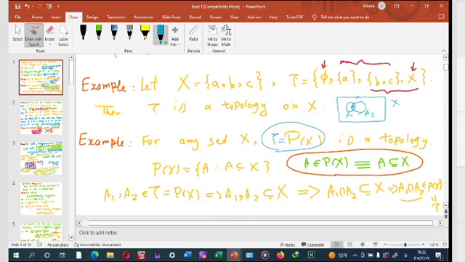Note that A belongs to P of X means A is a subset of X.